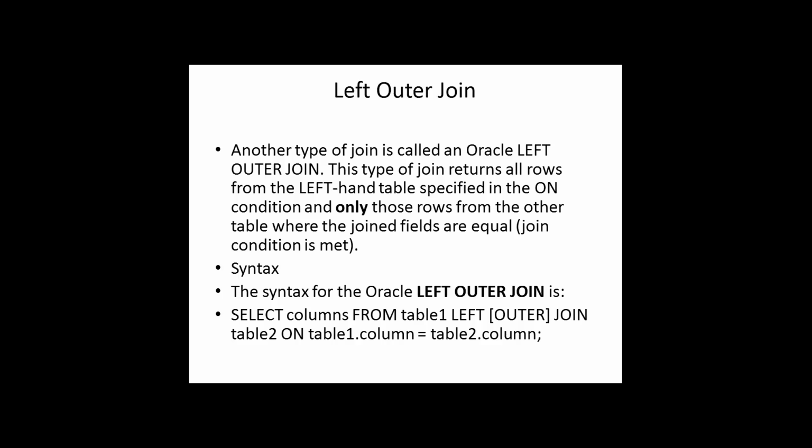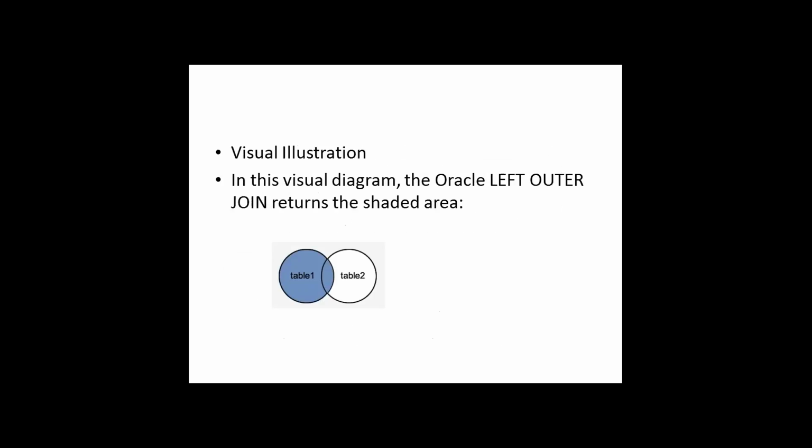A left outer join works in a similar way, but you retrieve all the data from the left hand side and only the matching data from the right hand table.